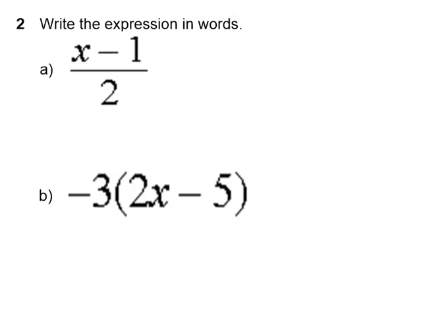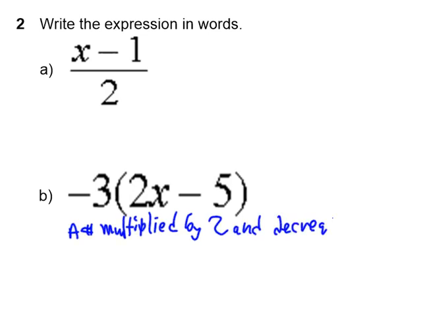Your next one is, you can say a number multiplied by 2, and decreased by 5, all multiplied by -3.